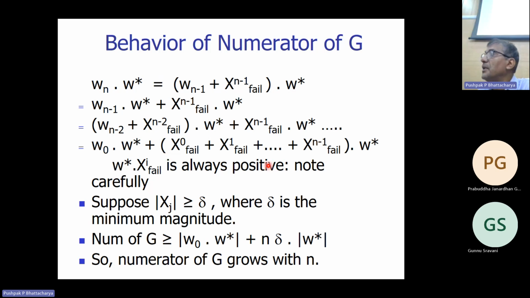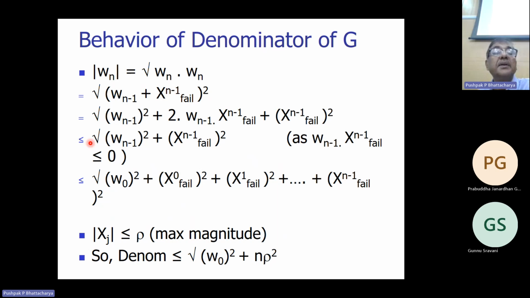So w star dot all the failed vectors are some positive quantity, appearing n times. So the numerator grows linearly with n. How about the denominator? The denominator is the square root of wn dot wn. This whole square root is extending over the whole expression. It's not only on wn.